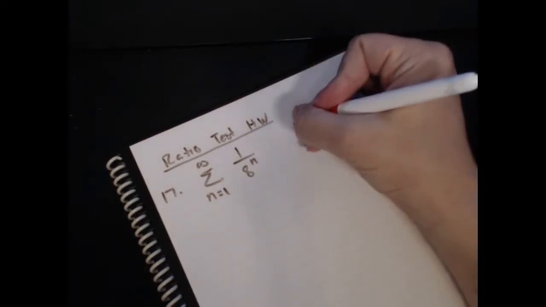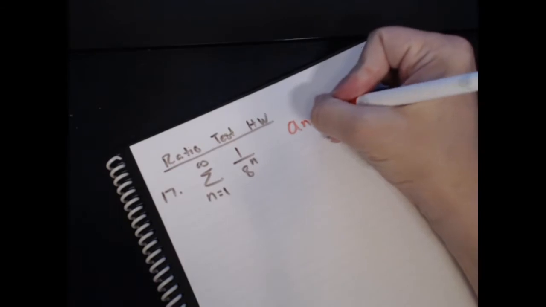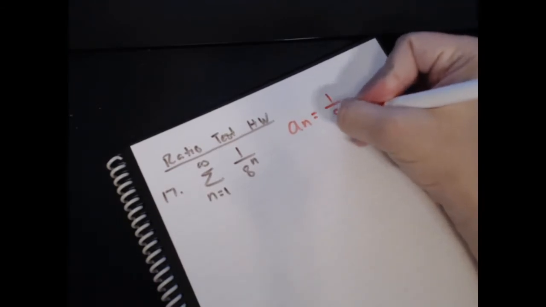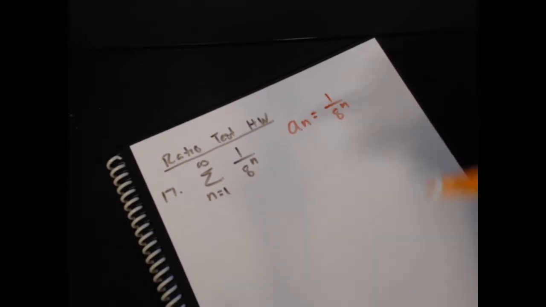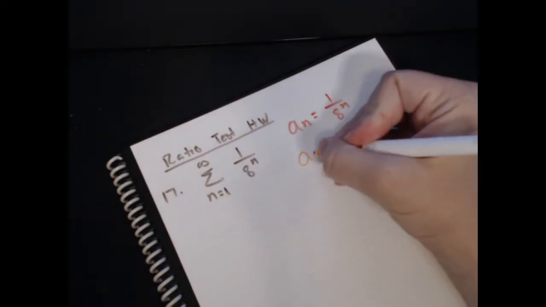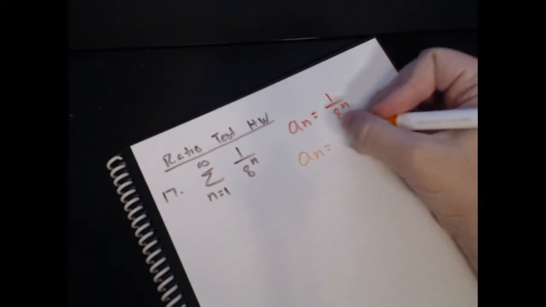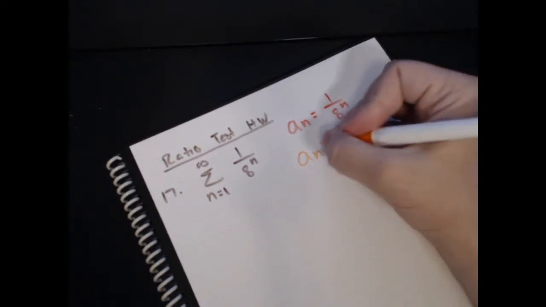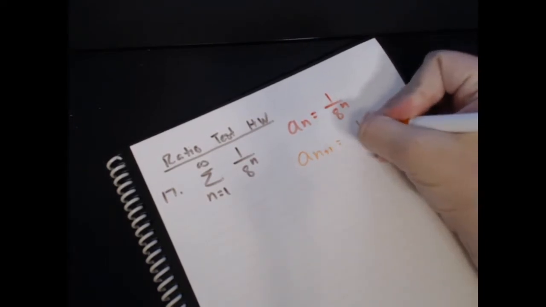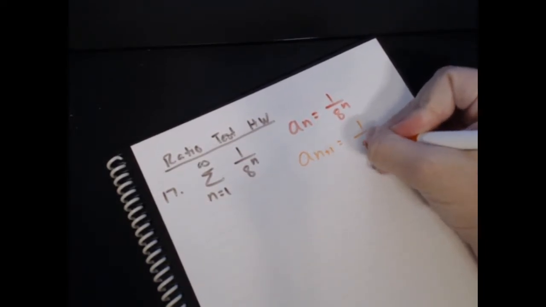Okay, yeah. So then we have our a sub n, which is 1 over 8 to the n. And then we have our a sub n plus 1, which is equal to 1 over 8 to the n plus 1.